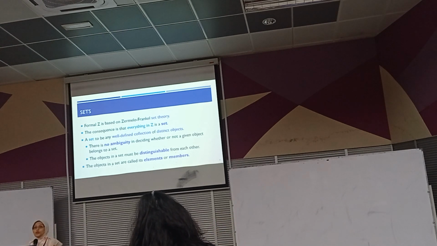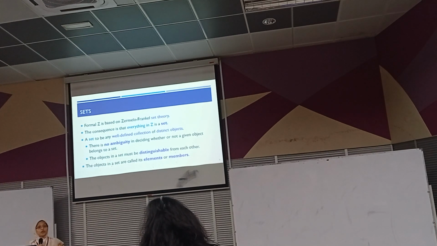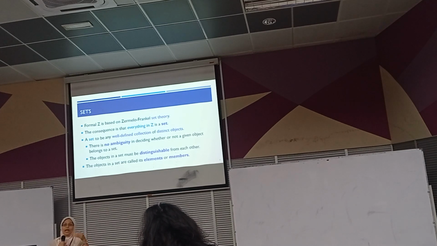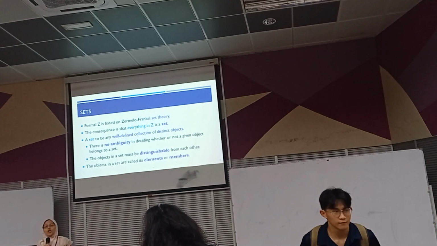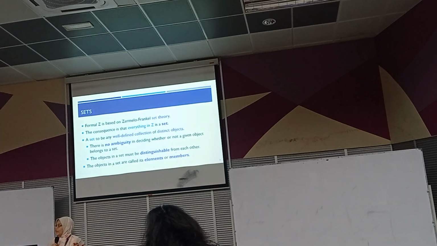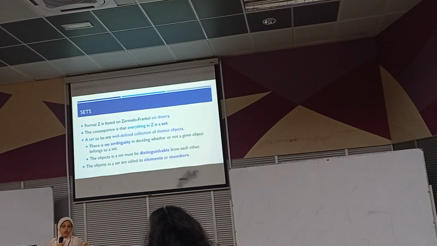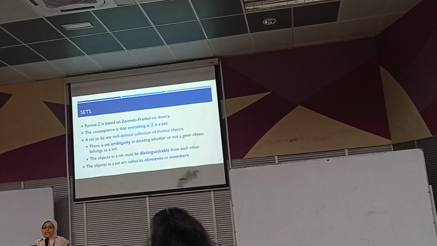We are going to use a lot of variables. Similar to programming, you use variables to represent your data. Same thing here, but you are going to define those variables as sets. So this is where later you are going to look into what we call types, data types in your Z and so on. Everything in Z is a set.